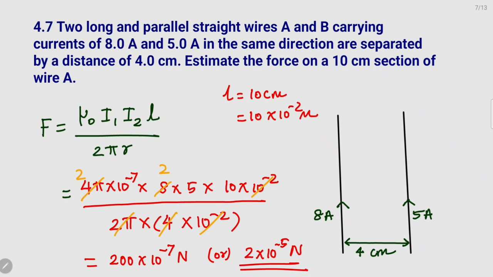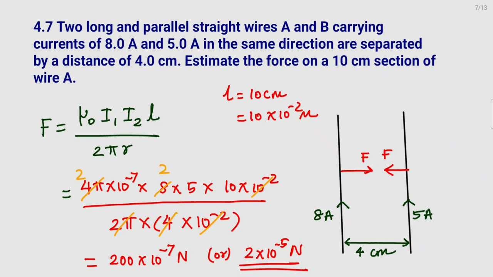See students, here I want to give one more important information. Suppose they have not asked the directions. Suppose if at all they ask the direction, if currents are in the same direction, parallel currents, they experience an attractive force. So the current carrying wires basically experience an attractive force, which you can identify using Fleming's left hand rule.